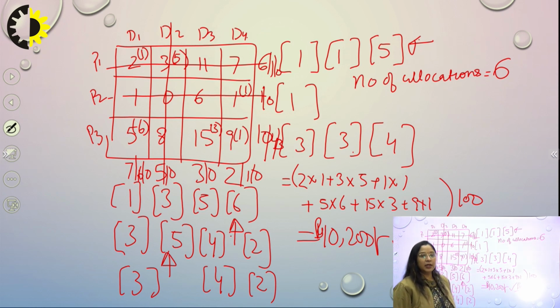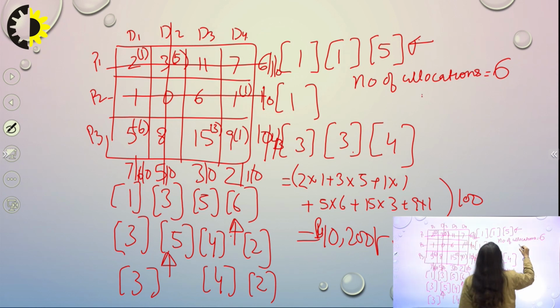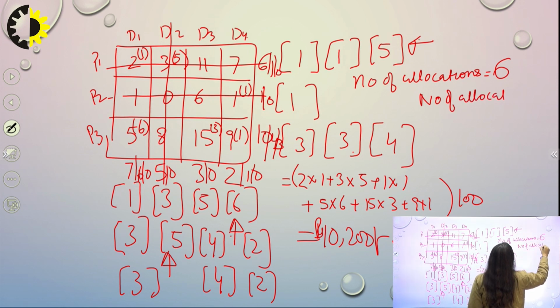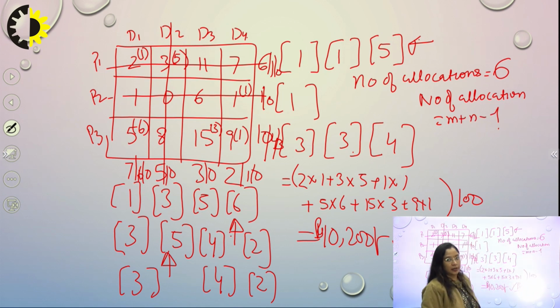Okay. So the optimality test is number of allocations is equal to m plus n minus 1. This is the optimality test. M is the number of rows, n is the number of columns, minus 1. If they are equal, then we can proceed to the MODI test. If they are not equal, then a degeneracy condition has arisen.